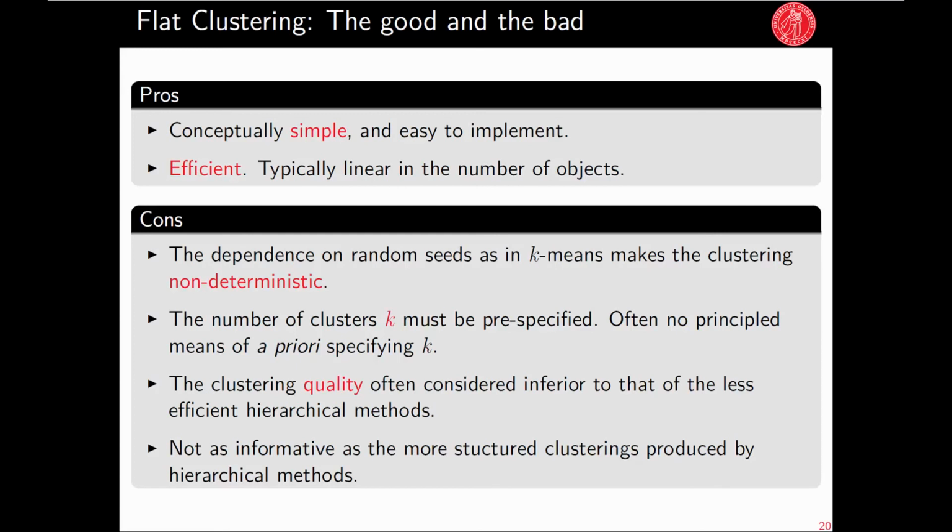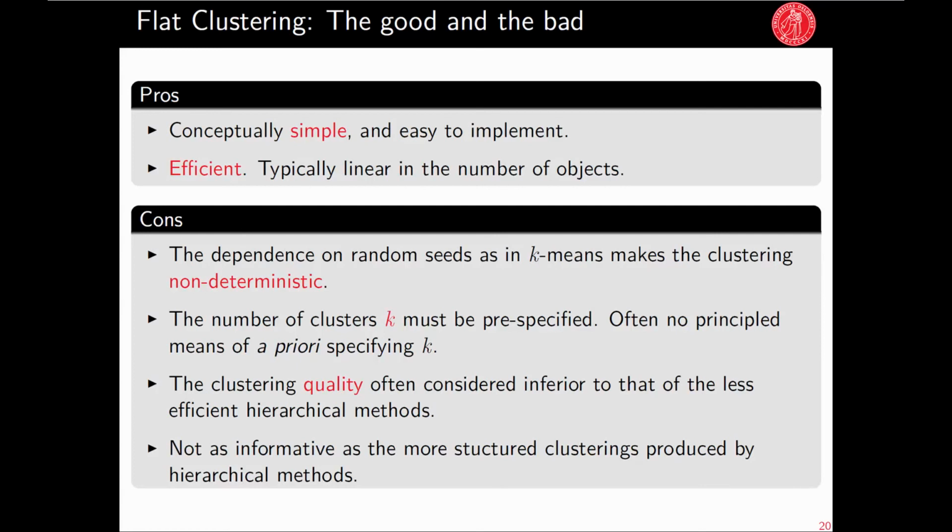Just briefly, a couple of advantages and disadvantages with working with flat clustering methods in general and k-means specifically. These are simple methods. They may not be simple when you think of them as optimization problems, but when we saw what the actual k-means algorithm does, it's conceptually simple.